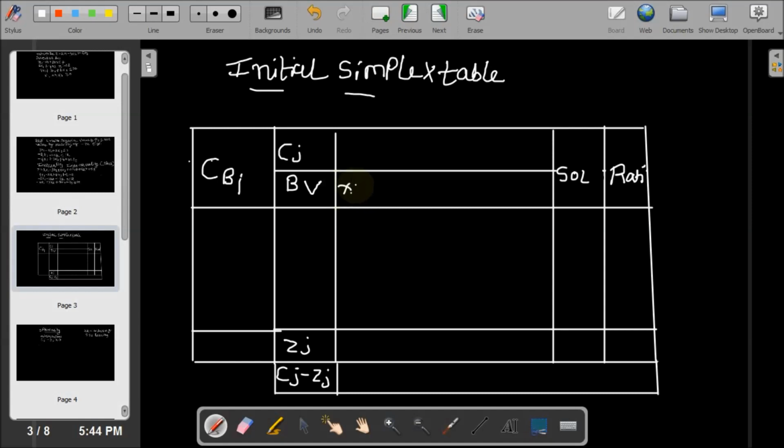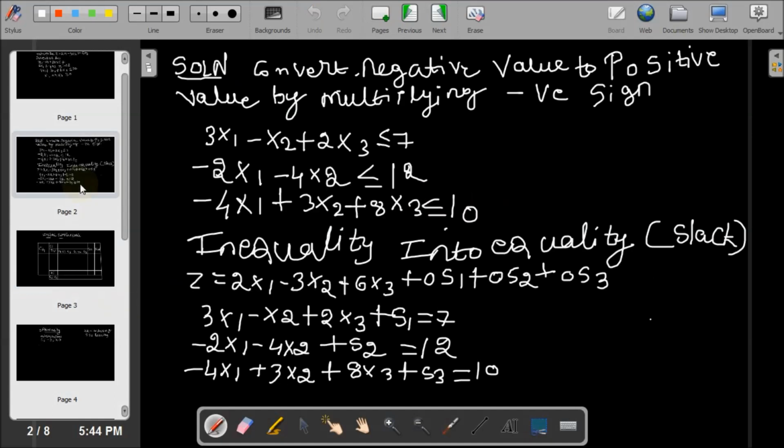x1, x2, x3, s1, s2, s3. Now what is the Cj? Cj value. So what is the value of these coefficients? You can see the function here. So x1 coefficient is what? 2. x2 coefficient is what?